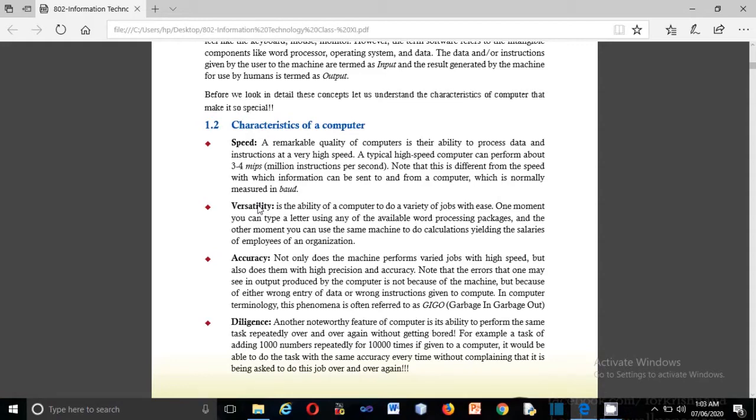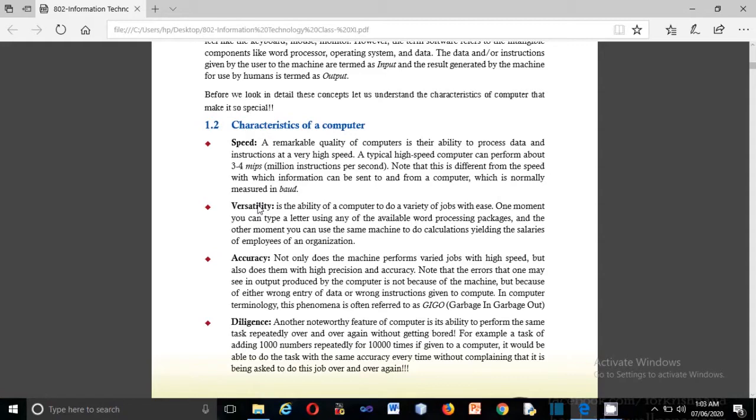Actually, the machine doesn't make the mistake. Whatever instructions we give to the computer, that machine will do that thing only, because we consider the machine a dull and dumb machine. It doesn't have any intelligence inside it.